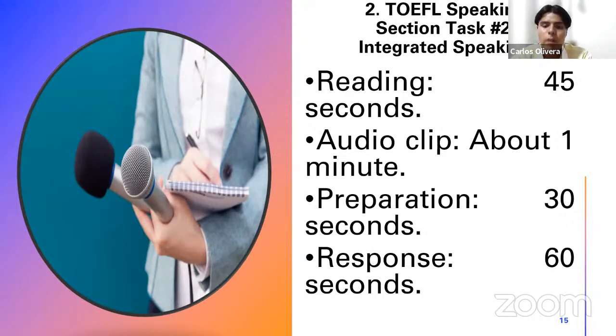Now, thirdly, you're going to have 30 seconds in this case, after you have received both materials, to prepare your response. If you notice, it is more time than before, right? Because in the last task we discussed, you just had, how much? 15 seconds, right, to prepare your response. In this case, you have 30. And now, in order to deliver your response, as I told you, it's going to be a summary of both materials.